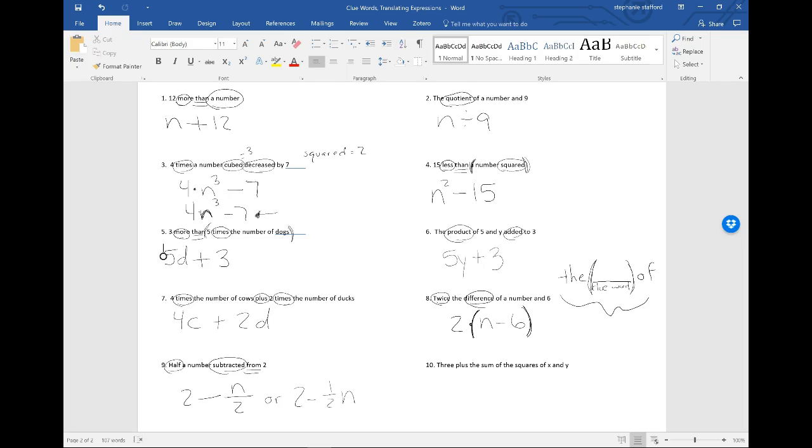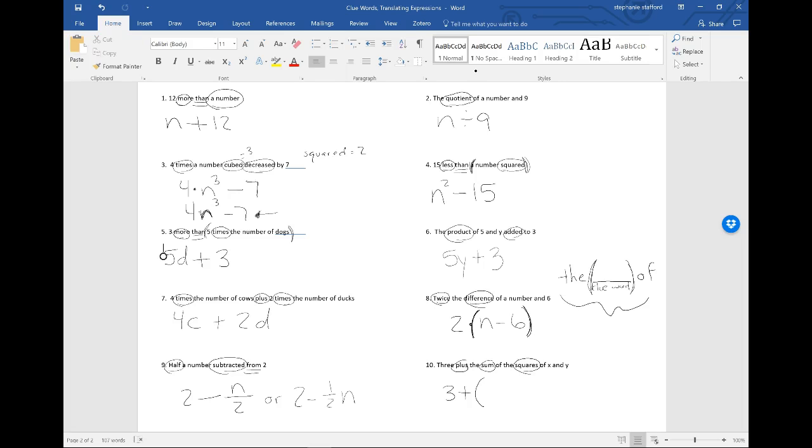And the last one, 3 plus the sum of the squares of x and y. So squares are important because that's a power that we have to take into account. No turnaround words, so 3 plus the sum of, again, the and of surrounding a clue word tells me it has to be in parentheses.